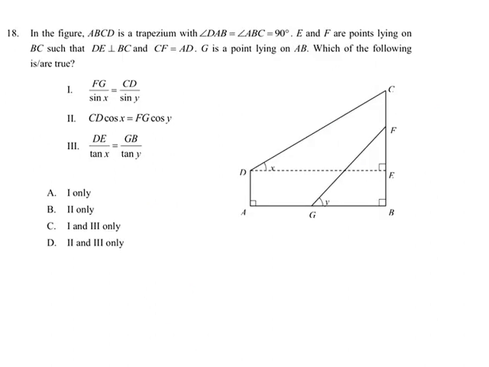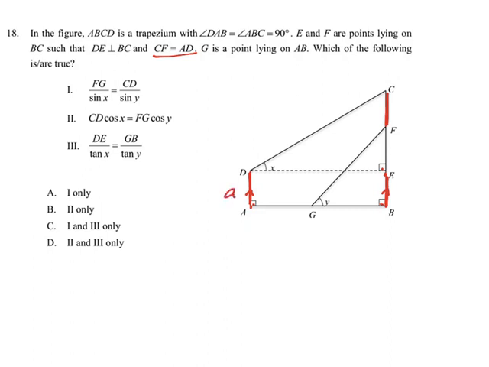Question 18. ABCD is a trapezium. This is parallel. These two are right angles, and this one is also a right angle. Then CF is equal to AD, so this one is also AD. Find which of the following is true.